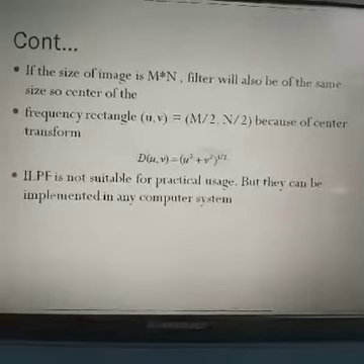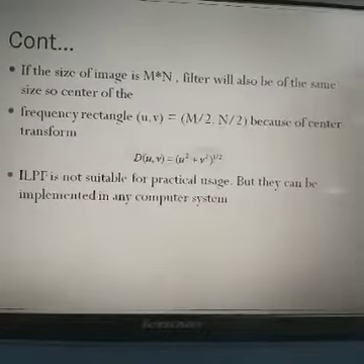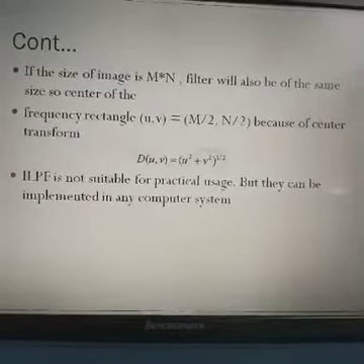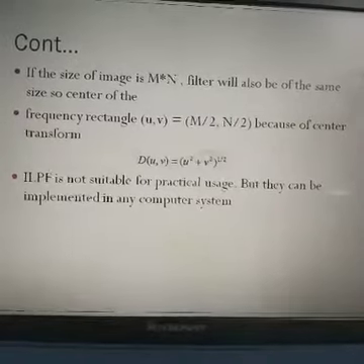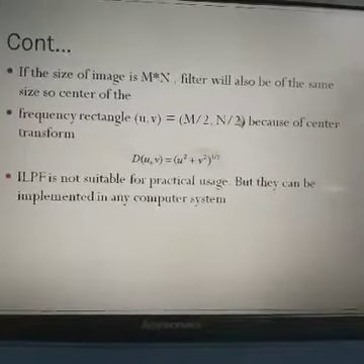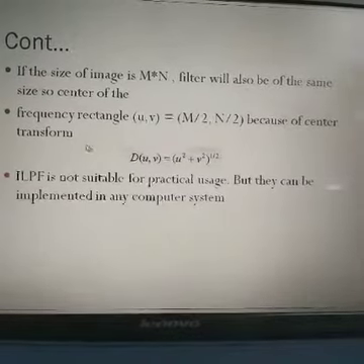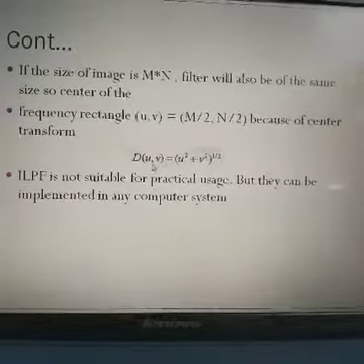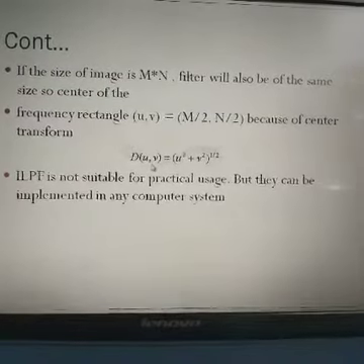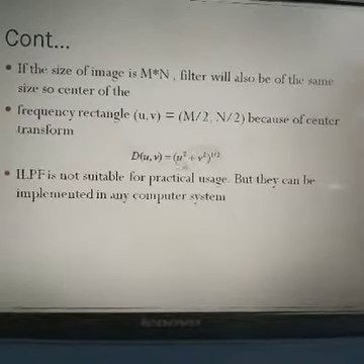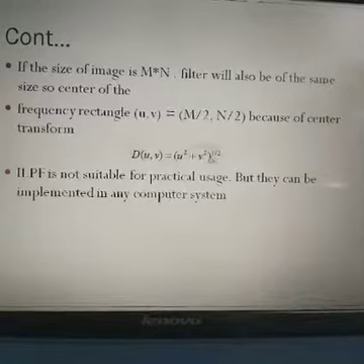We can say the mask image of size M into N, where the center coordinates are M divided by 2, N divided by 2, because of the center transformation, clear. Therefore we can calculate the distance from (u,v) by square root of u square plus v square.